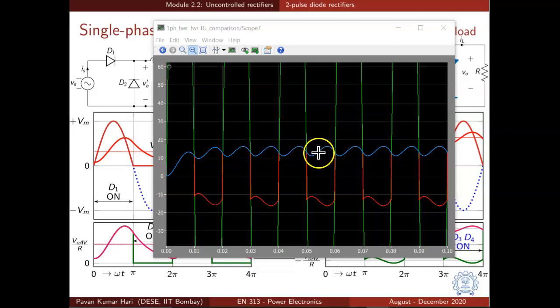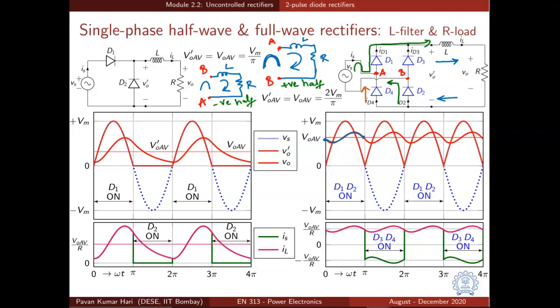So the periodicity here is twice the periodicity of the input voltage. What we represent in the slides is waveforms under periodic steady state. How is it different from the case of a half-wave rectifier? In the case of the half-wave rectifier, we had an exponential fall interval in the negative half. Why?